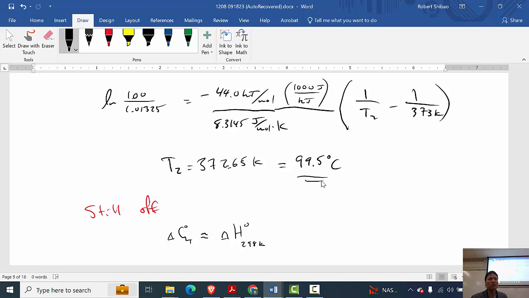It's an okay assumption, but it's going to be off a little bit. And we're also making the assumption that delta S at 298 Kelvin is the same as delta S at 373, actually 372.5. So it's going to be off a little bit.